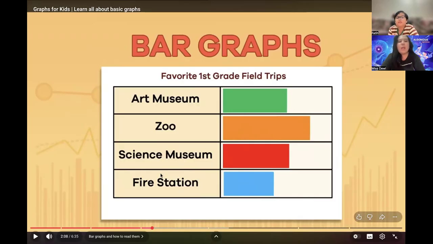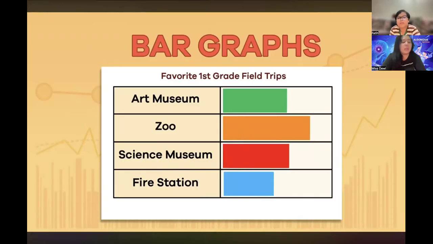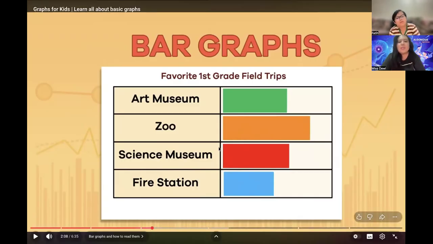Like you said before, it only has 10 votes, which is only 2 smiles. And the second position for the most favorite field trip is art museum and science museum, which have equal numbers, the green and red bars.